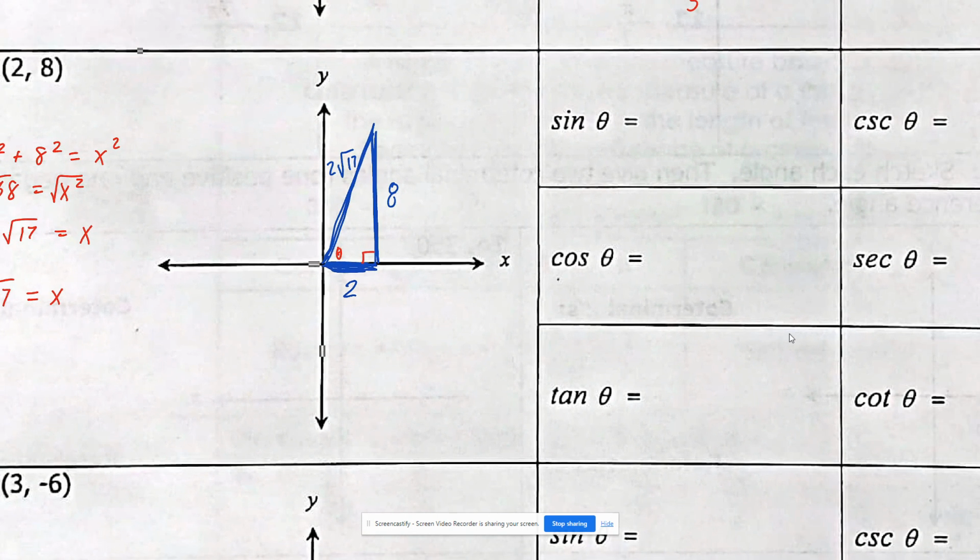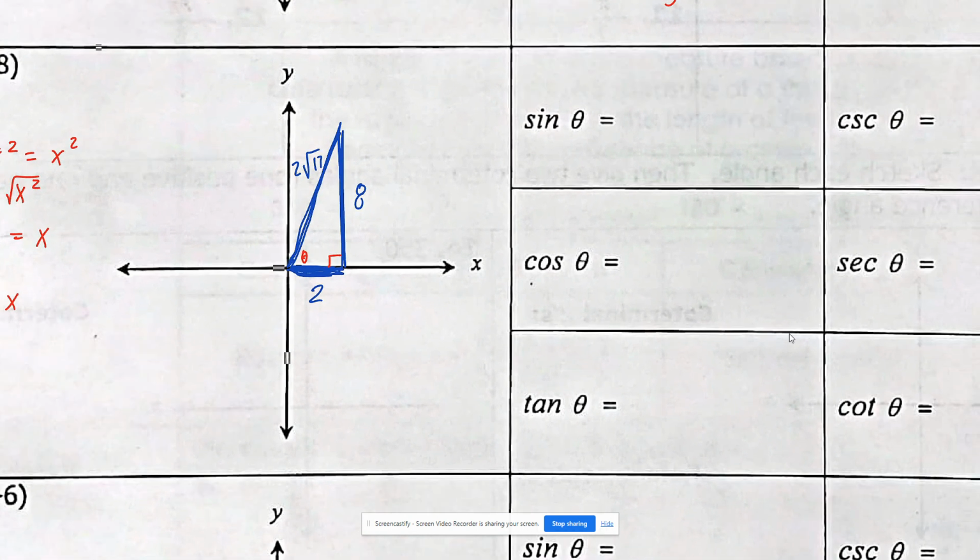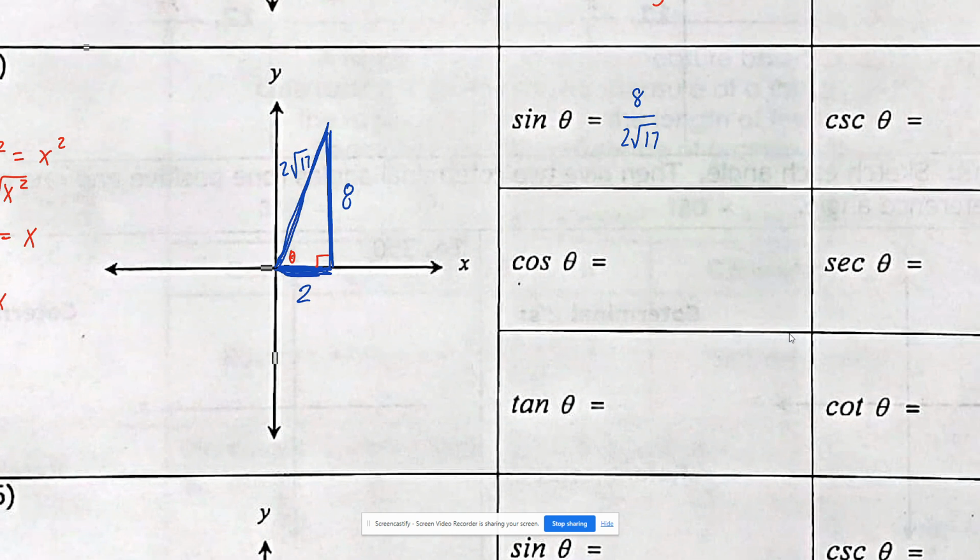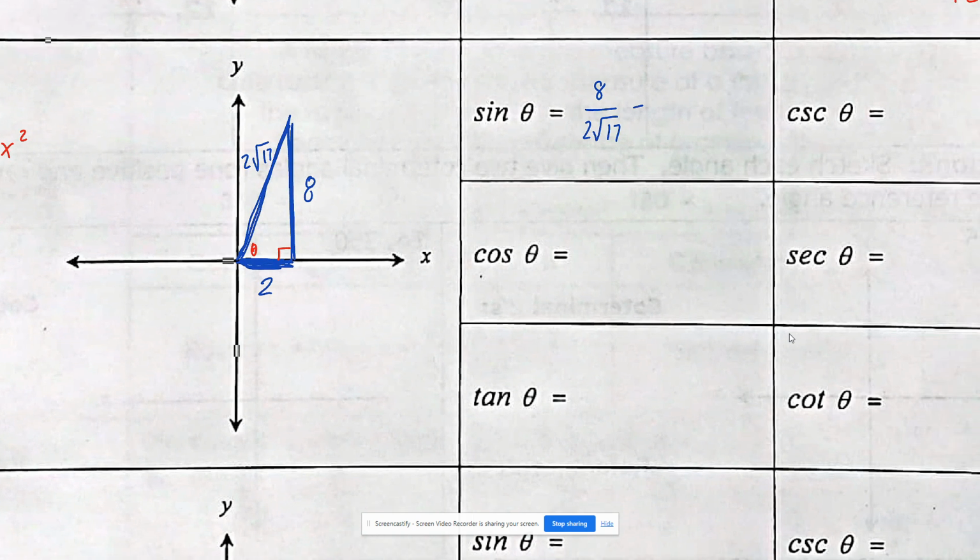So let's write our sine, cosine, and tangent. Sine, that's opposite leg, 8, over the hypotenuse, 2 square root of 17. Now, this is a little different than any of the problems we've had up to this point, because if you notice, won't 8 over 2 reduce? 2 goes into both of those. 2 goes into 8 4 times, and it goes into 2 once.